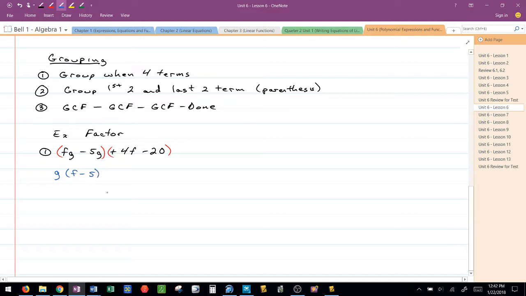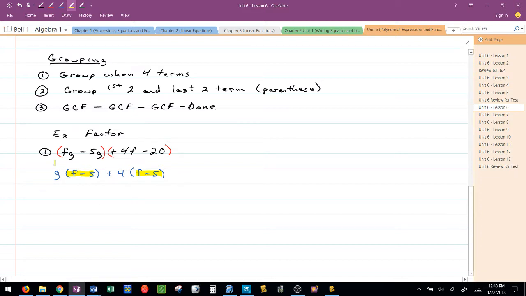Pretty simple. When I factor the second one, I am trying to make that same F minus 5 show up in another parenthesis. So if I look at these two, I notice that I have a GCF of a positive 4. I divide that out of each of those terms, and I'm left with F minus 5. Now, do you notice how this F minus 5 and this F minus 5 are the same?